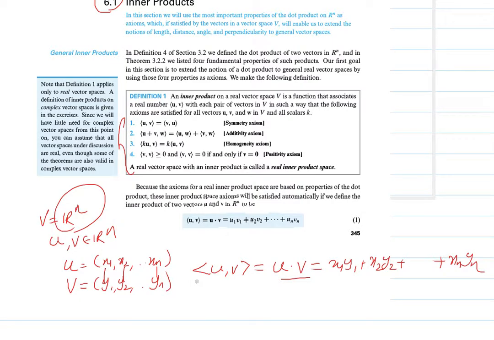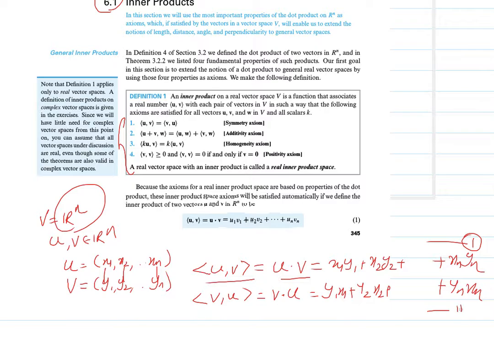Now inner product UV you already know, this is the inner product UV. Now what about inner product VU? This will be V dot U, that will be y1 x1 plus y2 x2 plus etc., yn xn. So this I am calling equation number 1 and this is equation number 2.